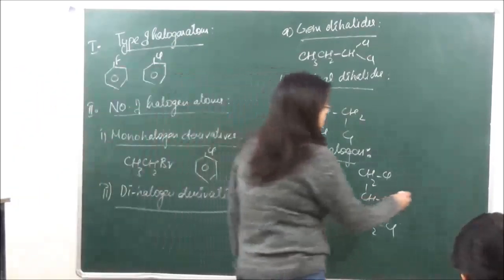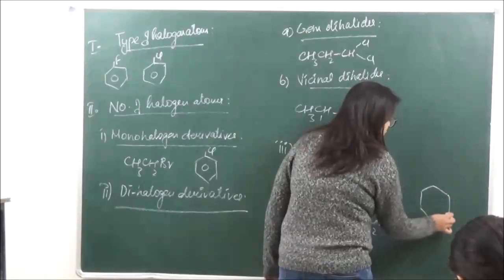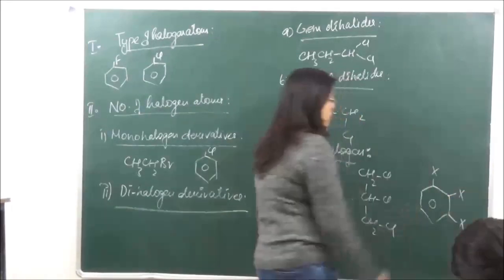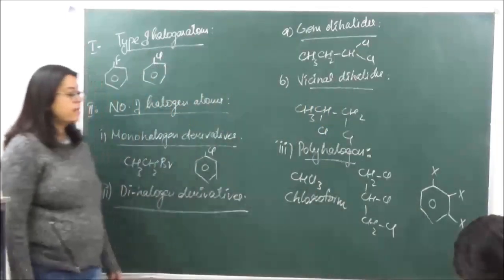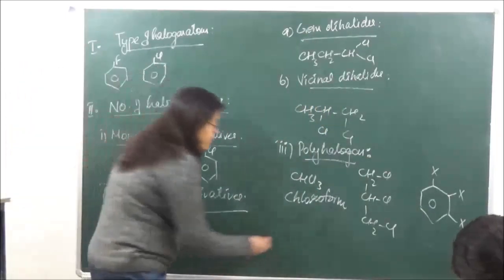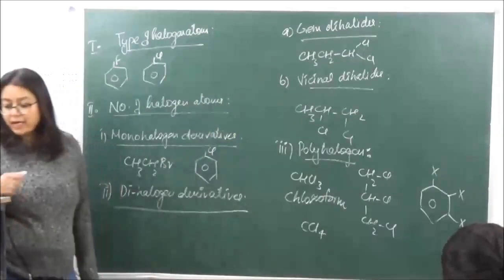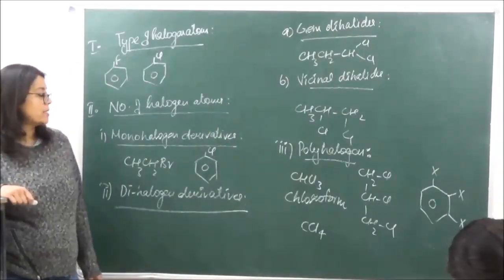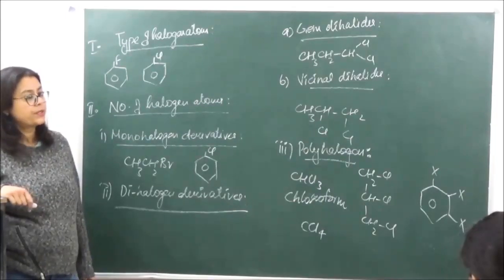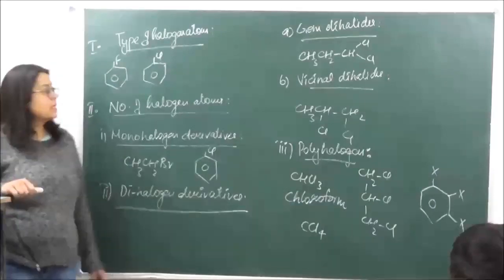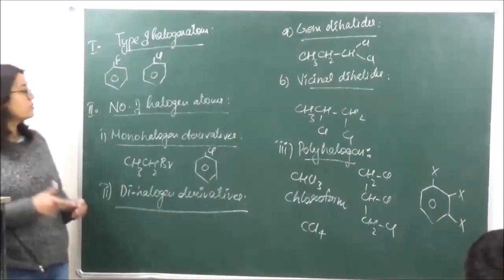Or we have all the three halogens attached to the benzene ring. So this is all trihalogen derivatives. Then tetrahalogen derivatives may be CCl4, carbon tetrachloride, which is very commonly used as an organic solvent. Okay, so this is one classification depending upon the number of halogens which is present.